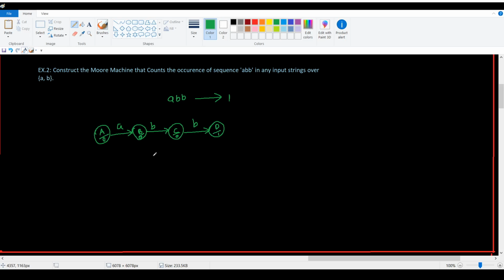Right? Now we need to apply a different input. Now there are two different symbols, right? A and B. So we need to apply those different symbols at each state. Okay, at each state. So when B occurs at initial state A, next state will be A only. Okay.